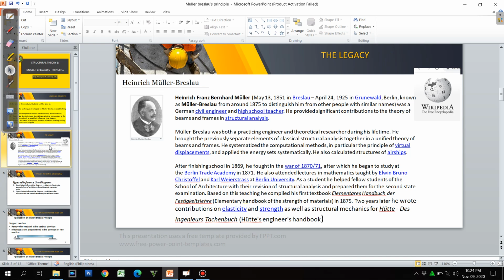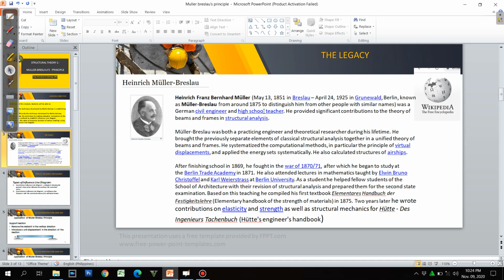So before we proceed to the method itself, let us have a short biography of the discoverer of the method. So the full name of Mahler-Breslau is actually Heinrich Franz Bernhard Mahler.